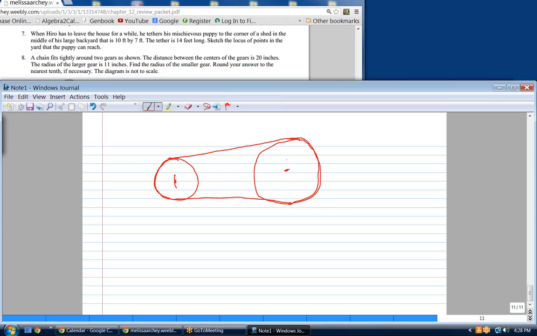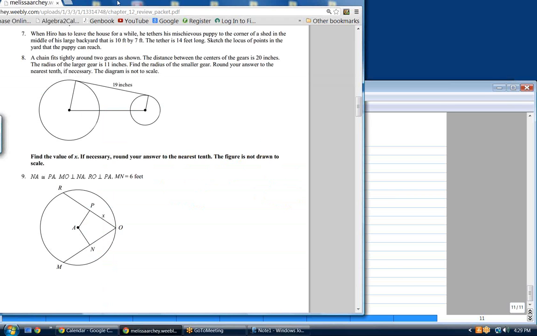So from here to there is 20. The radius of the larger gear is 11 inches. Find the radius of the smaller gear. Round your answer to the nearest tenth. The diagram is not to scale.